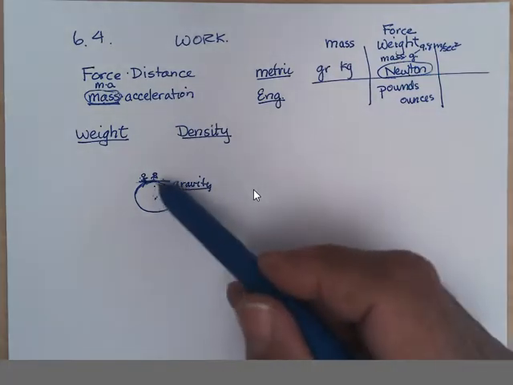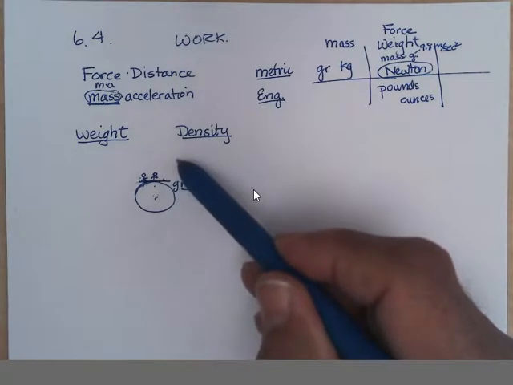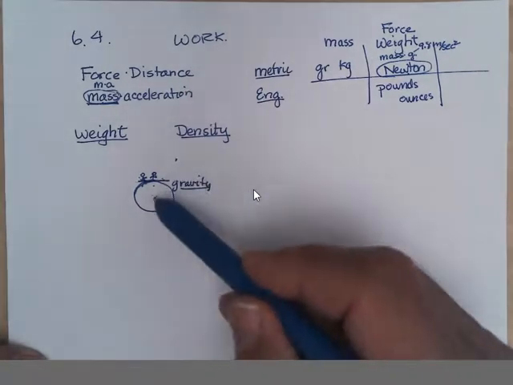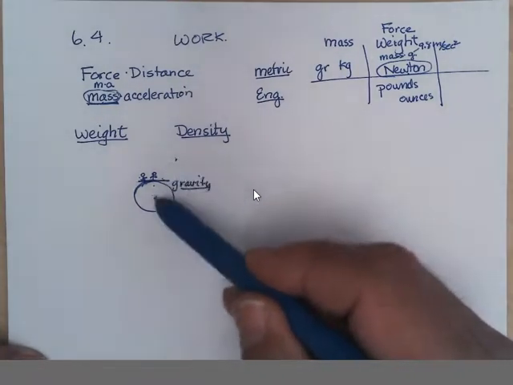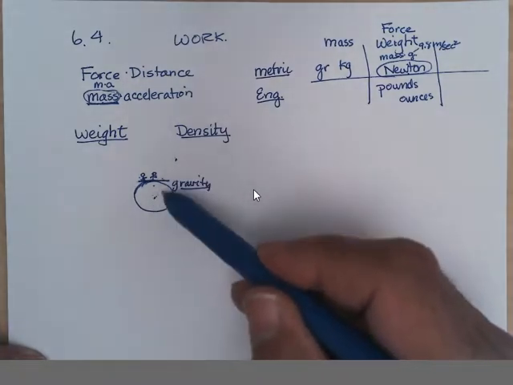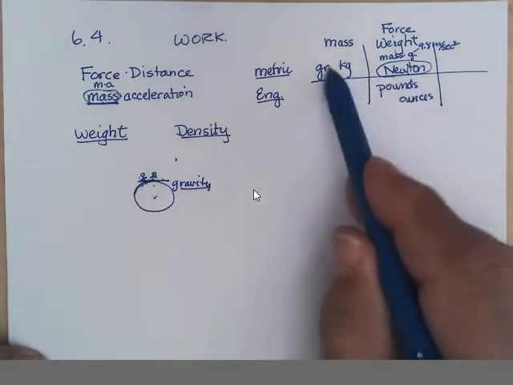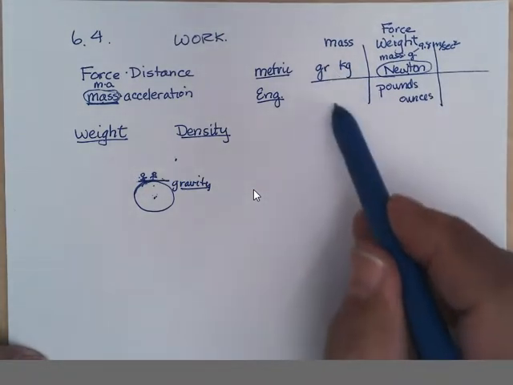If you go from the Earth to an orbiting satellite like the space station, your mass stays the same. The amount of atoms and molecules that make you up stays roughly the same, but the two masses are further apart, and so the gravitational pull is less, and so the forces change, but the masses don't.